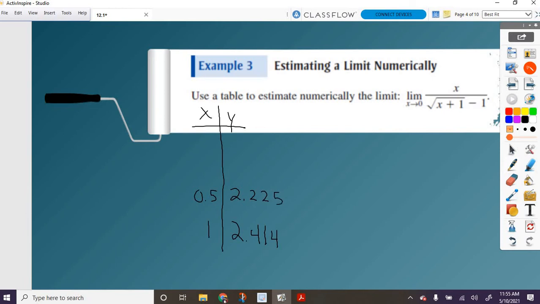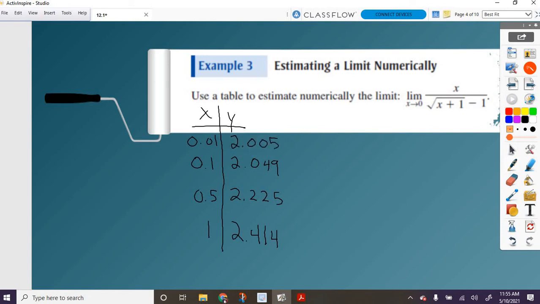Yes. So let's say 0.1. What do we get when we plug in 0.1? 2.02. What about 0.01? 2.00.